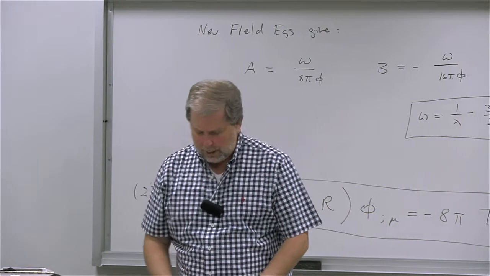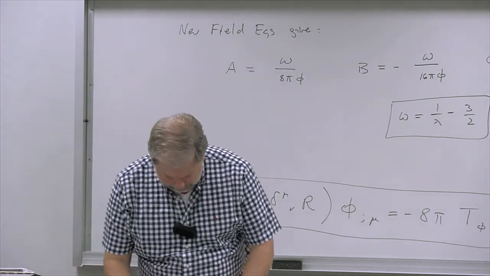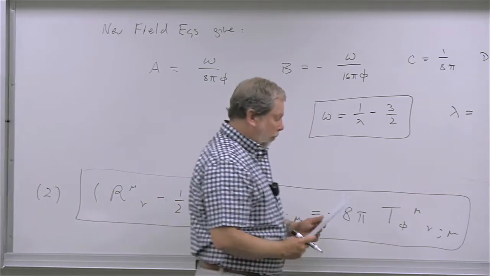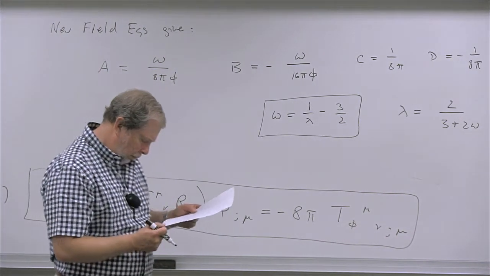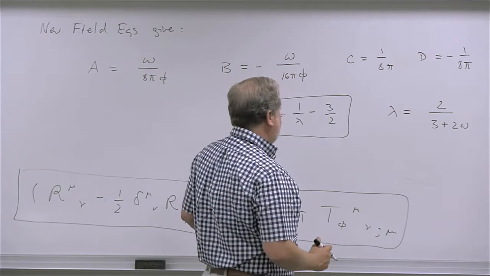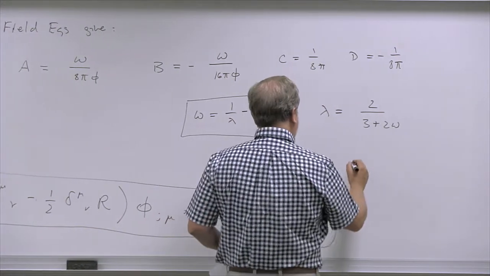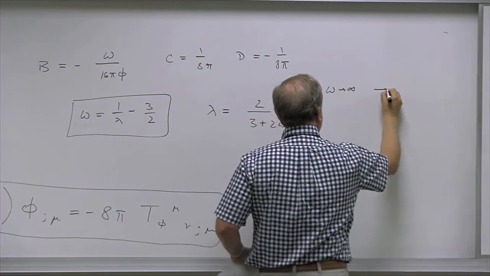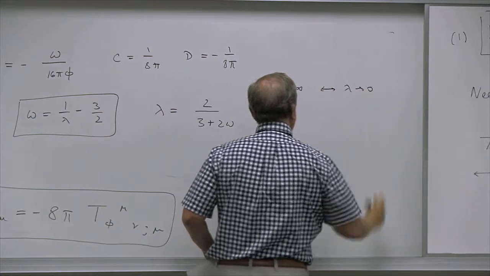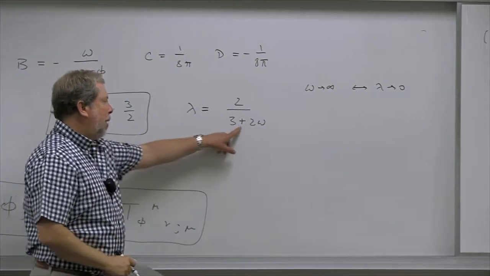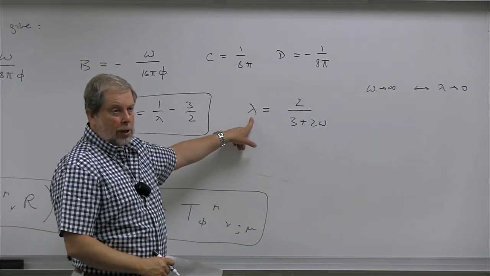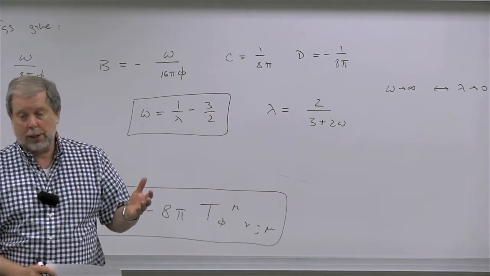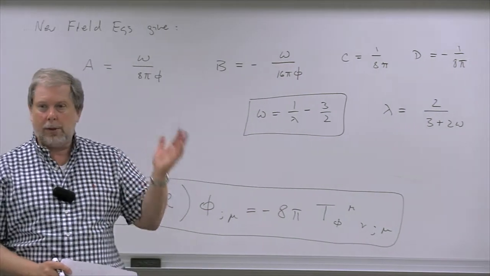The coupling itself is dimensionless. So as omega goes to infinity, that is the same as taking lambda to 0. And if lambda goes to 0, what happens? Well, the Brans-Dicke field decouples.